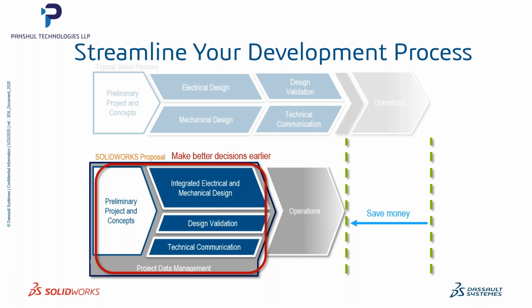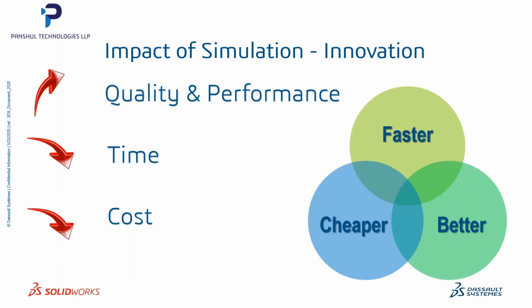Your electrical and mechanical design can work seamlessly using SolidWorks 3D CAD and SolidWorks Electrical. In a similar time phase, when the development is going on, you can continue with the design validation and technical communication also. At last, you are reducing the timeline, which ultimately saves a lot of money.